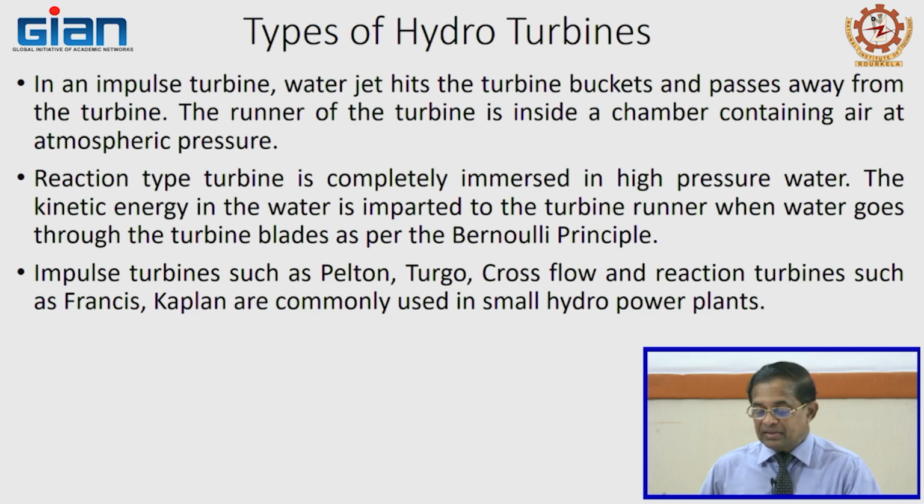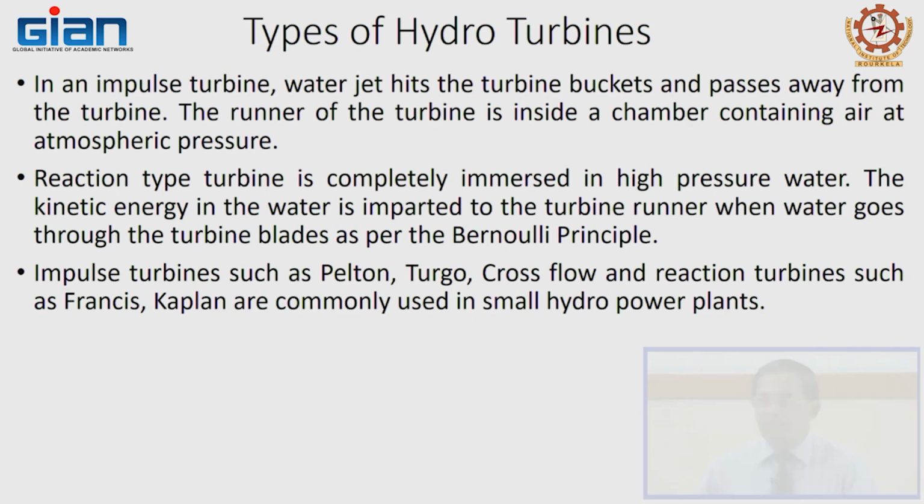Reaction turbines are completely immersed in high pressure water. Then the water comes and pushes the rotor and goes away. The kinetic energy of the water is imparted to the turbine runner when water goes through the turbine blades, as per the Bernoulli principle. I think you know the Bernoulli principle, where aeroplanes also work, because one surface is longer, the other surface is shorter.